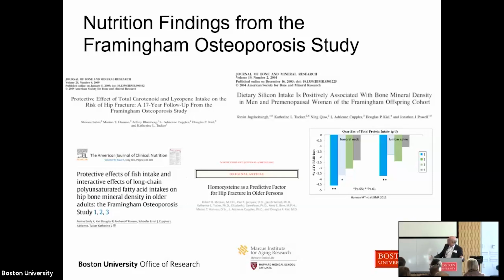Most notably, on the right are some results of our longitudinal analysis of bone measures over time, showing that the greater the amount of protein in the diet, the less the skeletal losses occur over time. So this is a potential target for a nutritional approach to bone health.